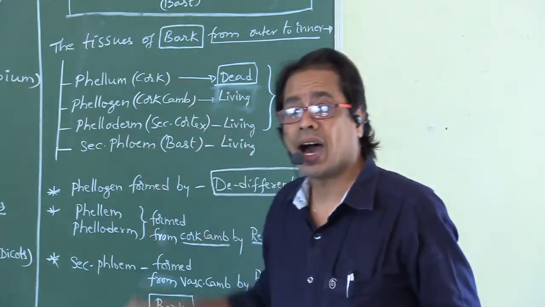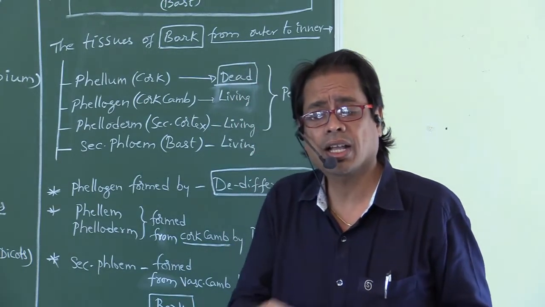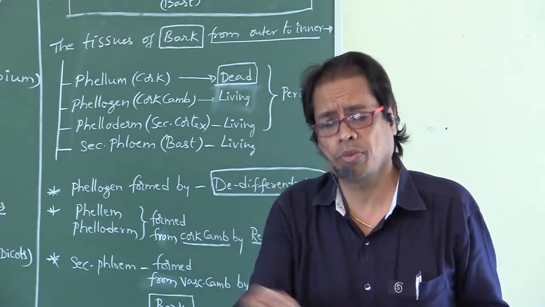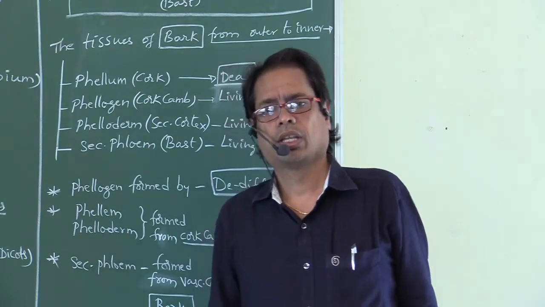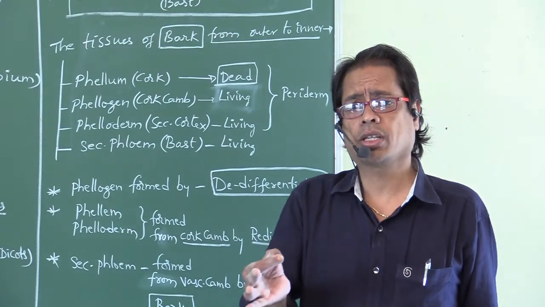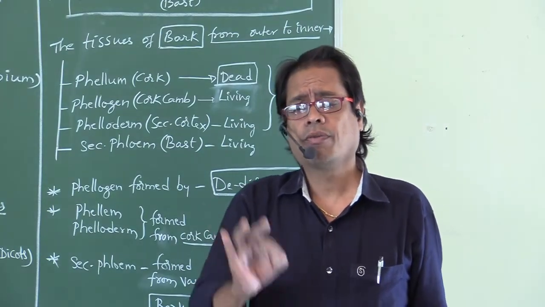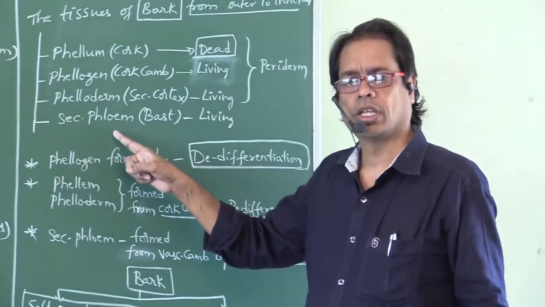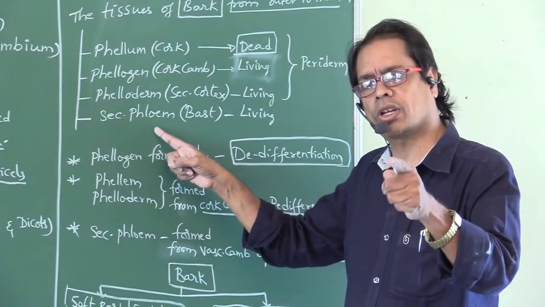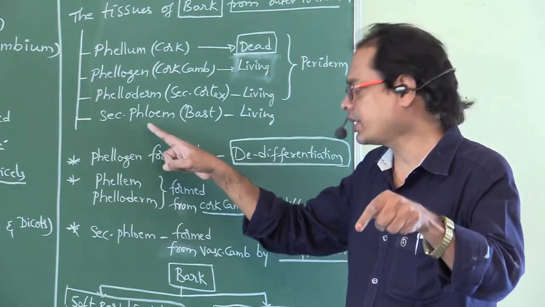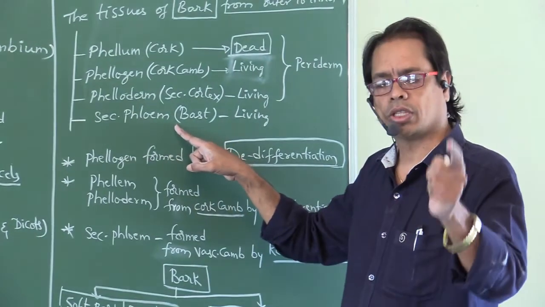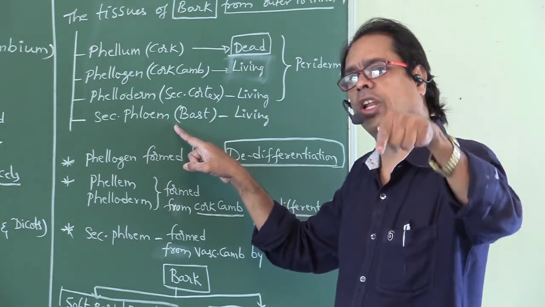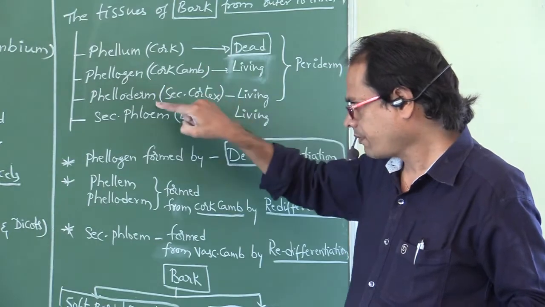That is, the bark contains the products of both cork cambium and vascular cambium. True. The product of vascular cambium found in bark is secondary phloem. The products of cork cambium found in bark are phellum and phelloderm.